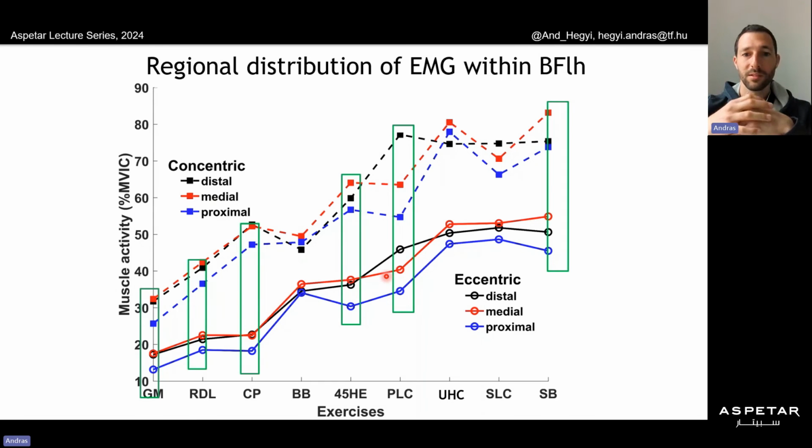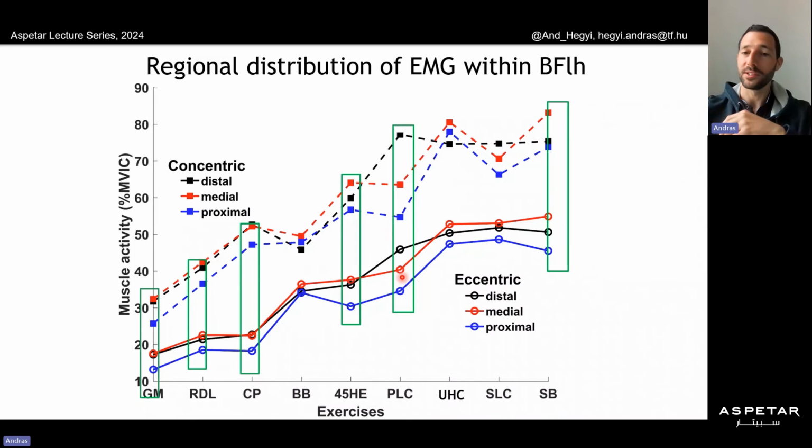So it's still a question if it's related to hamstring injuries. Is it the case that maybe we cannot prepare this region for the high demands of sprint running because we are not activating this region much? We don't know.